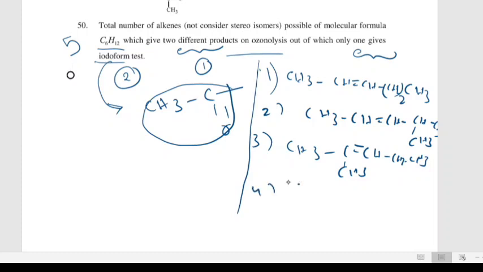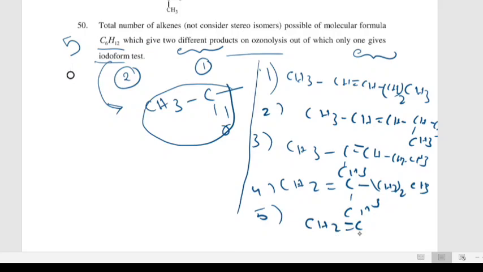Fourth one CH2 double bond C, CH3, CH2 twice CH3. The last one is CH2 double bond C, CH3, CH, CH3 must be there.